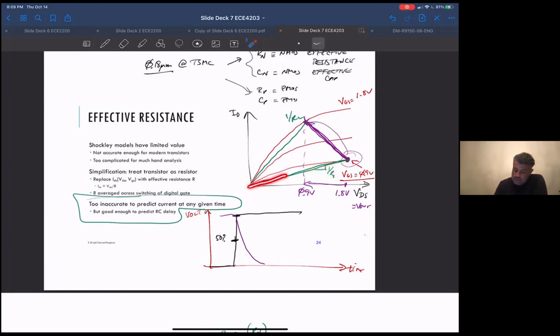So you're just coming up with this hokey thing: if I needed a resistor to give me the right current and voltage just at that node, what value would it be? Then I'm going to pick an average of those values, and that's what I'm going to use for my effective resistance.